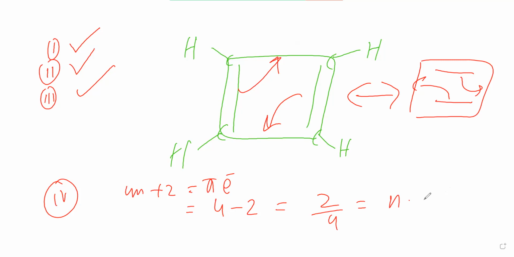No. So that's why it is not aromatic. You can see three conditions; it fulfilled three checkpoints, but one is not complied with. That's why you could say it's not aromatic. Is it clear?